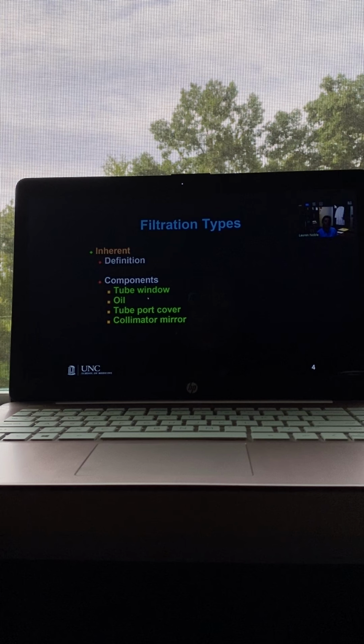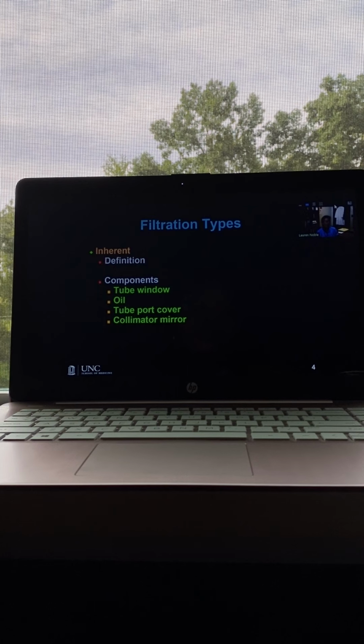Okay, the tube window. Well, really, the purpose of the tube window is for what? We talked about that thinned area of glass. What is the purpose of the tube window? So that it's easier for the X-ray to shoot out. Is that right? Yeah, that tube window has to be there to allow X-rays to come out.